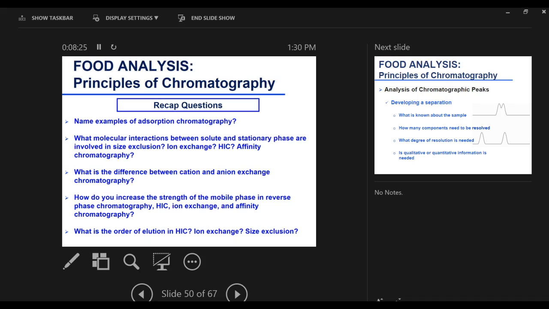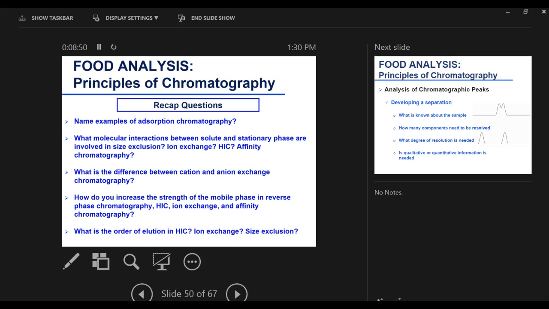What about hydrophobic interaction? Decreasing the concentration of the salt. That means starting with a high concentration of salt and then decreasing it over time until it's only water.